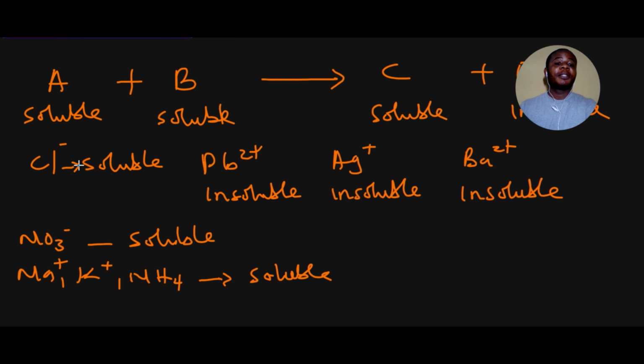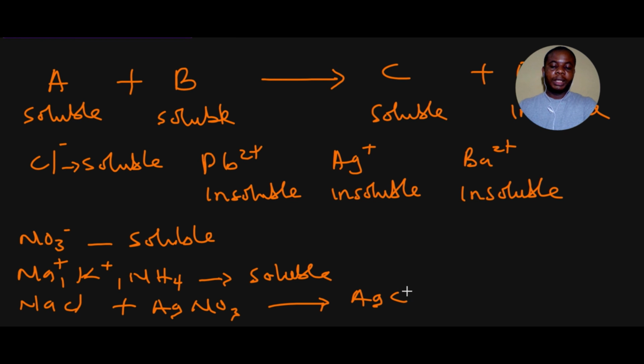So let's test for precipitation. Let's use sodium chloride, for example, sodium chloride reacting with silver nitrate to give AgCl plus NaNO3. This AgCl is insoluble, and this NaNO3 is soluble.